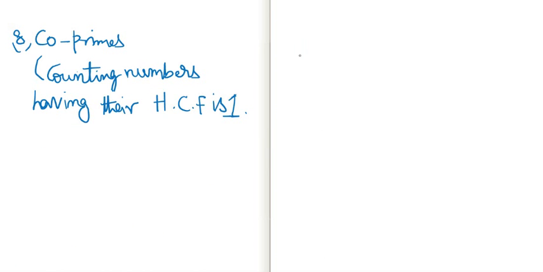For example, 4, 5 and 7, 9, and so on. 4, 5, these two numbers do not have any common factor, do not have any highest common factor. They do not share even a factor. These are known as coprimes.